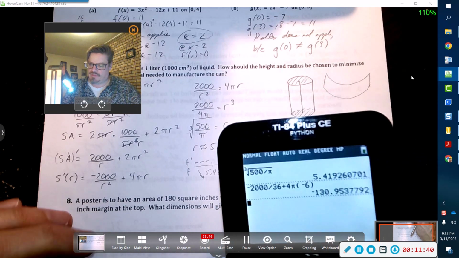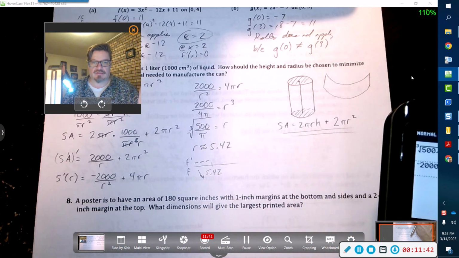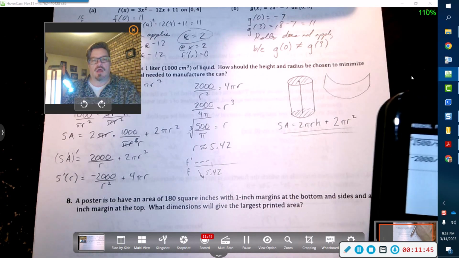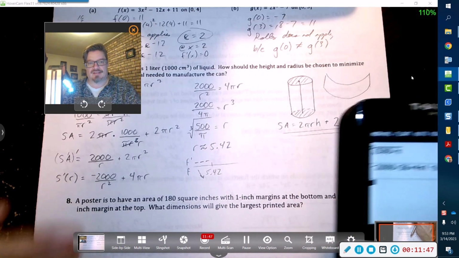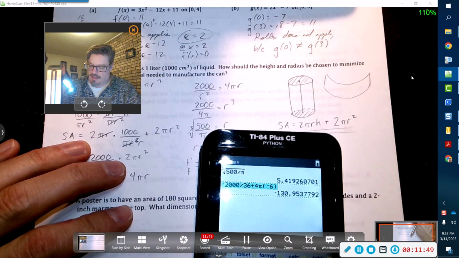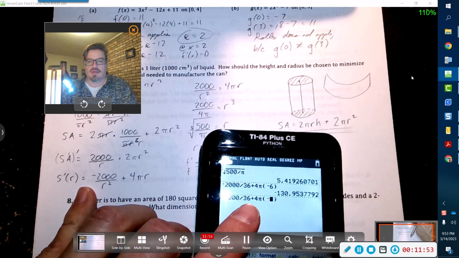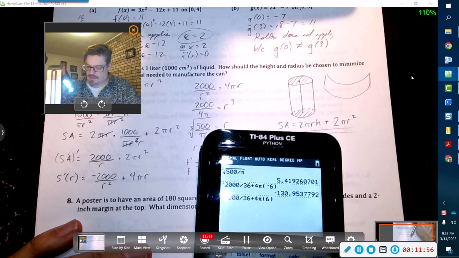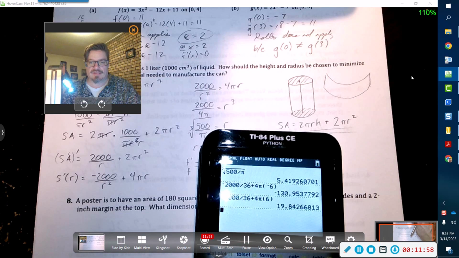Wait, did I put 6? I put negative 6. Okay, so that's way over there. Now I'm just going to put positive 6. So that's still going to be 36. Then that'll be a positive. There we go, positive 19.8.